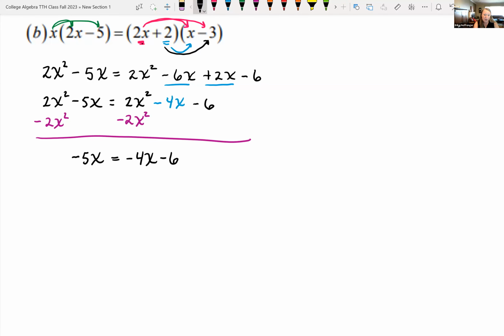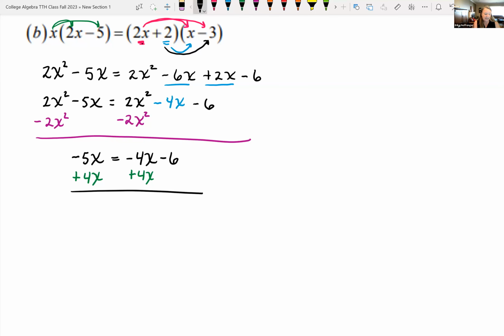So now I'm left with a linear equation. I'm going to proceed by getting all the terms with the variable to one side, and the constant to the other. It looks like it's easiest if I add 4x to both sides, so I can get all the variables to the left-hand side of the equation.